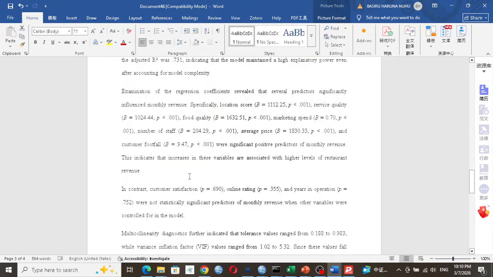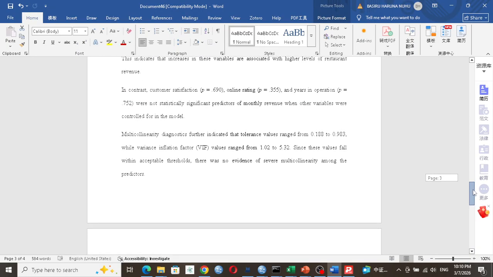So because they are not significant, we don't even need to bring their effects. We only bring the effect of those that are significant. So mostly that is how we report it.